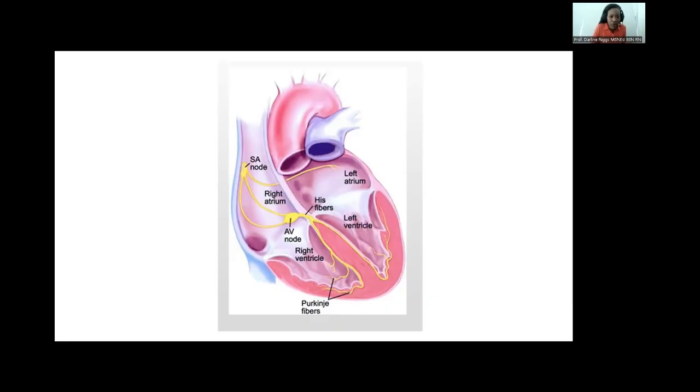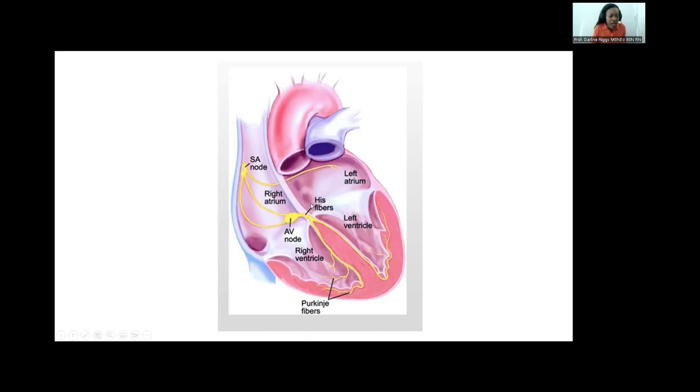So once the SA node starts, it goes on to what we call the AV node, right here. And then from the AV node, there's a branching that happens, right and left, at what we call the bundle of His, right here.